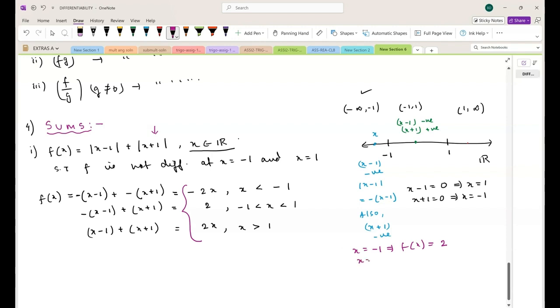When x equal to 1, this portion vanishes and this becomes |2|, that is 2. So at these 2 points it is 2. So you already have 2 in the second branch. So you can include the equality here, because we have seen just now that when x is −1 or 1, then f(x) is 2. So I'm including these two values of x in the middle branch. So now I'm all ready to check the differentiability at these 2 points because we have redefined the function.